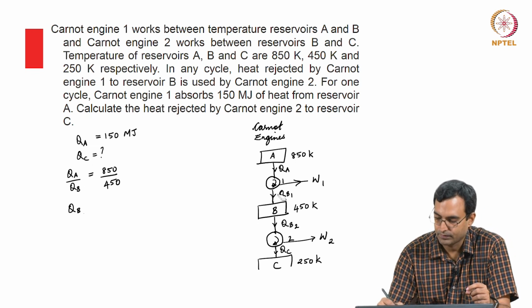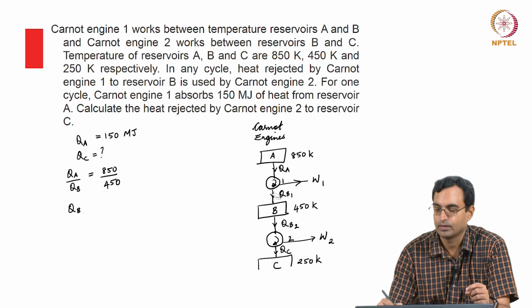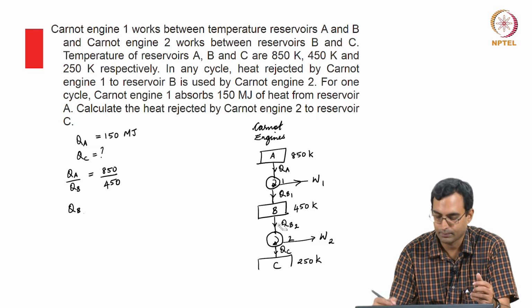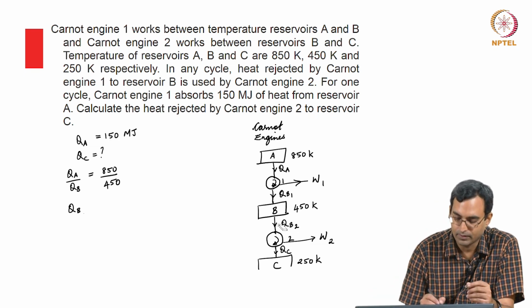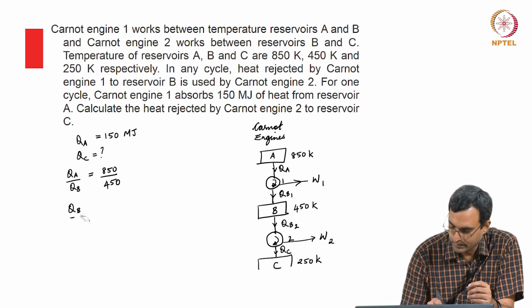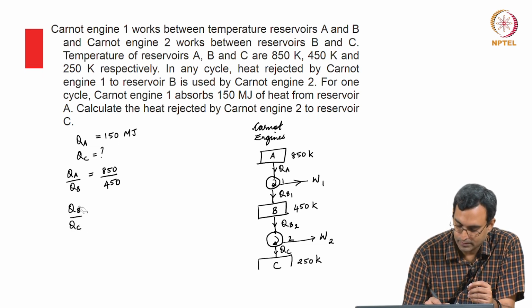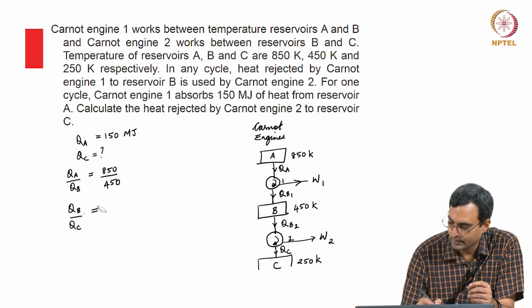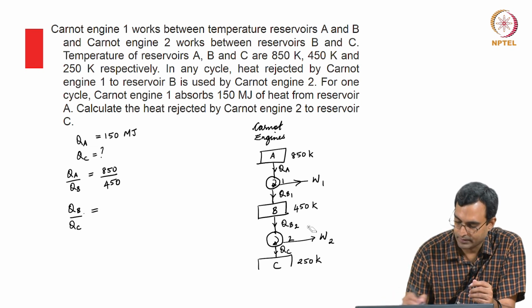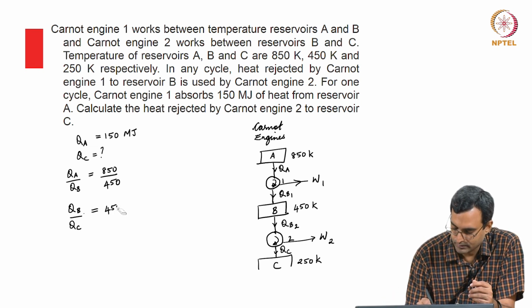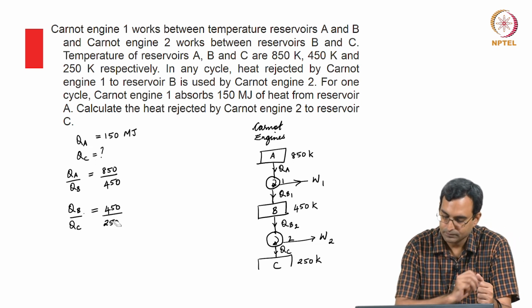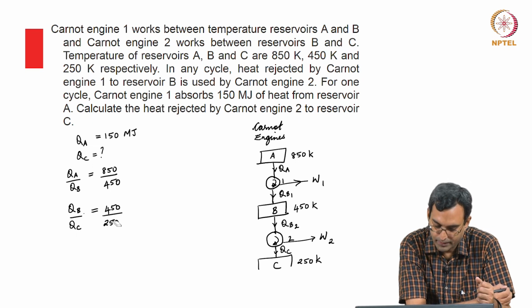For this engine, this is heat going out, it's negative. For this engine, it is heat coming in, it's positive. But numerically, the values are equal. So I'll just call it QB by QC, taking positive values for all of these, should be equal to the ratio of these temperatures, 450 by 250. So that's also something I have.